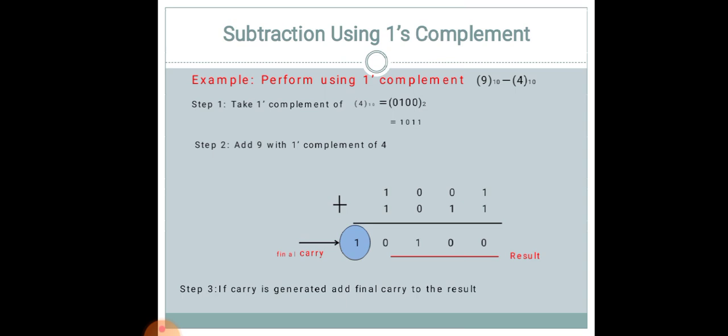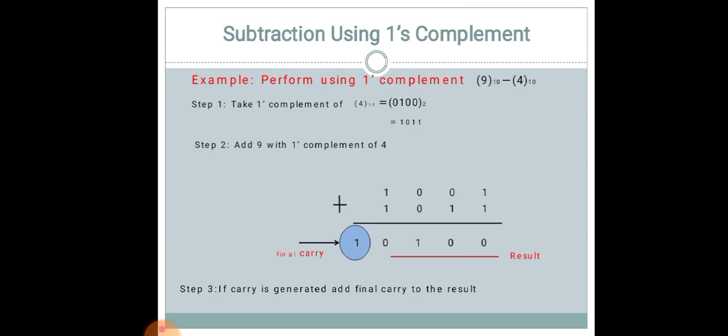Then that carry plus 0, answer is 1, carry is 0. Then 1 plus 1, sum is 0, carry is 1. That carry plus 0, sum is 1. And finally 1 plus 1, sum is 0, carry is 1. That means the final carry is generated.